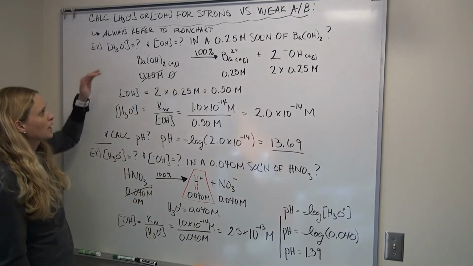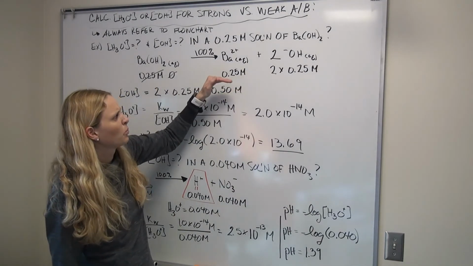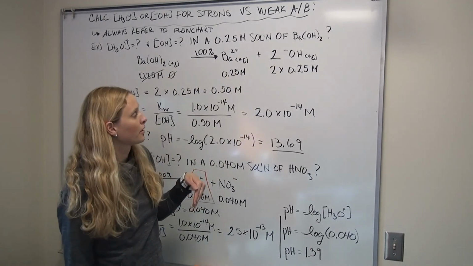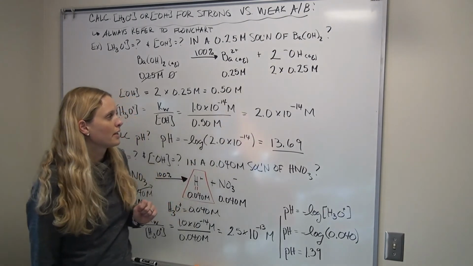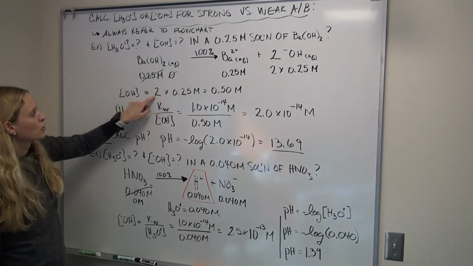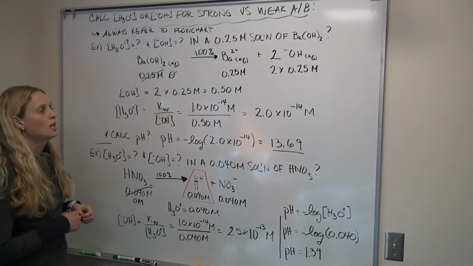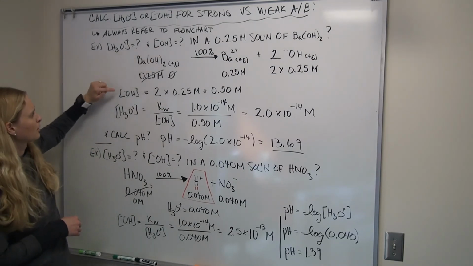So it's kind of like an ice table we are setting up here, except we don't have to go to equilibrium because it's already just over here. But we do have 2 moles of that specific concentration given. So the concentration of hydroxide ion is 2 times the given concentration of barium hydroxide, which is going to equal 0.50 molar. So there's our hydroxide we calculated.